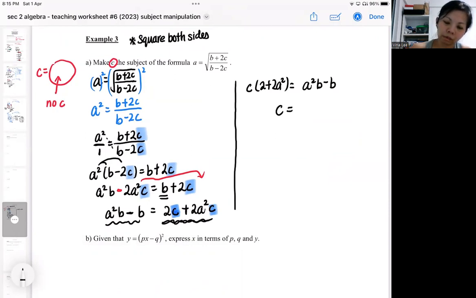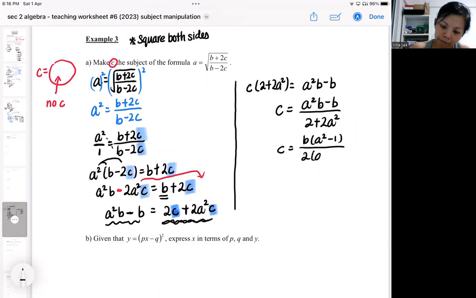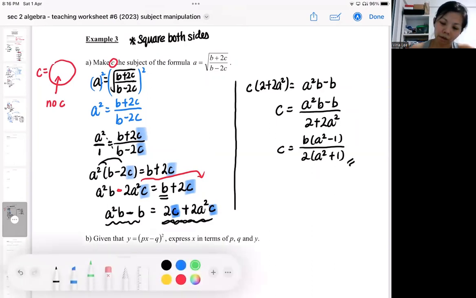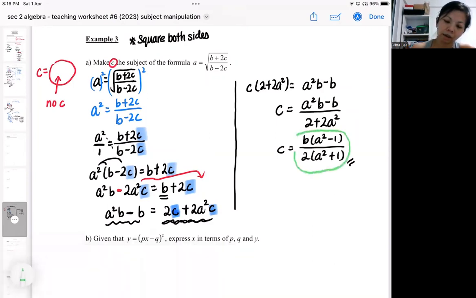So I've gotten this, divide the bracket over. At this stage, this can be your answer. Or if you feel like factorizing, just go ahead and factorize. And that can be your answer. Just do a check that your answer doesn't have C.